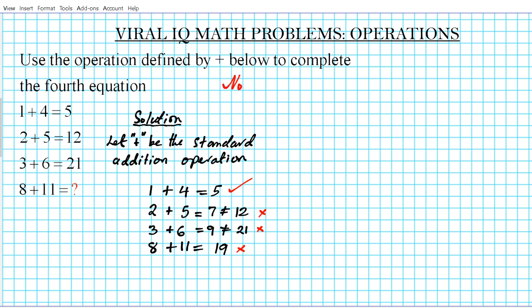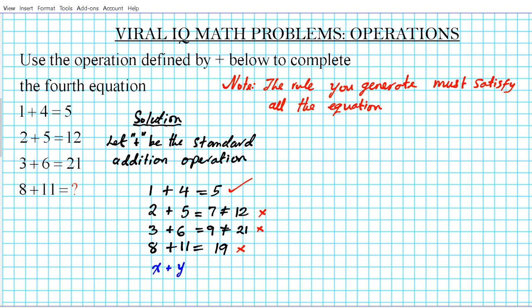Okay, so let's put a side note. The rule you generate must satisfy all the equations. Okay, so the rule that we were using earlier, the standard addition operation, was the rule x plus y is equal to the standard x plus y.